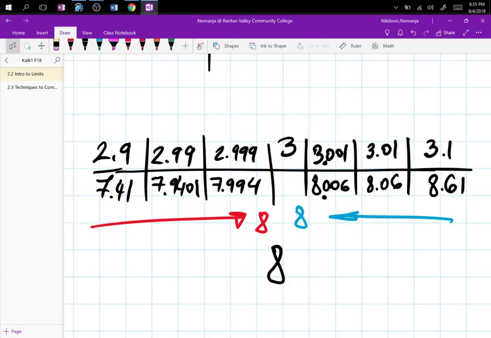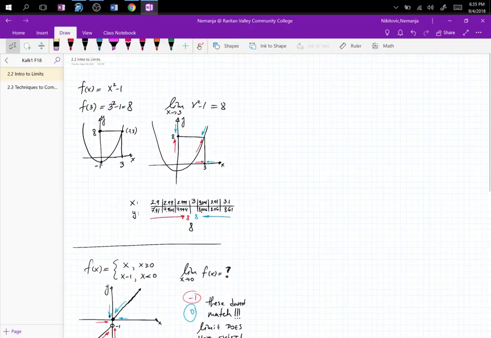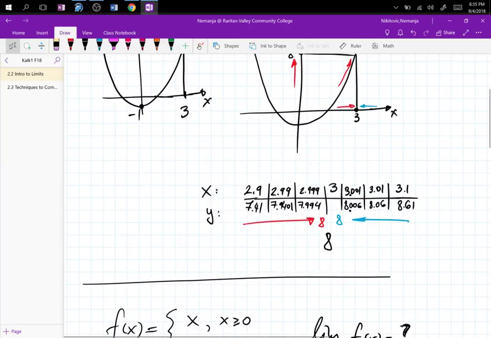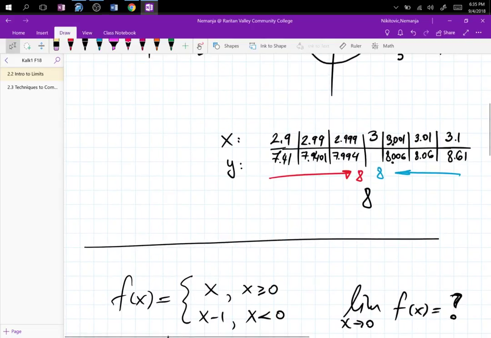So that was the graph and chart method covered in 2.2. And those are the methods to solve limits that work 100% of the time, because you can always pick your x's and compute your y's. Right? It's annoying, it takes time, which is the reason why I call it the middle school approach.